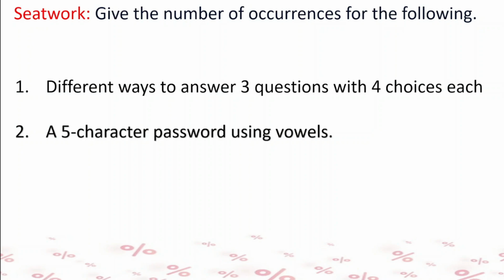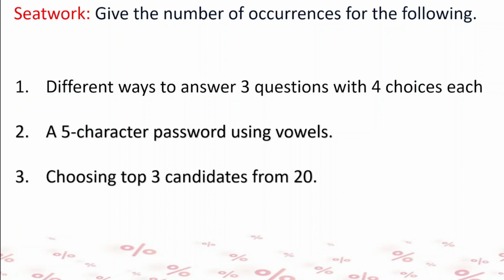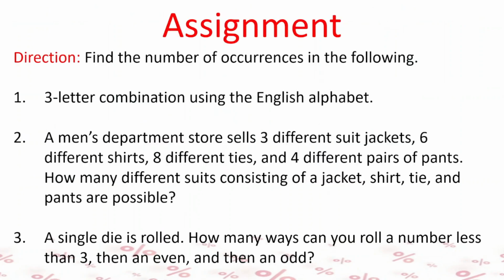Vowels are A, E, I, O, and U. In our alphabet, that will be A, E, I, O, U. Number three, choosing top three candidates from 20. So those will be the items for the seat work, and I hope you will be getting all three correctly.